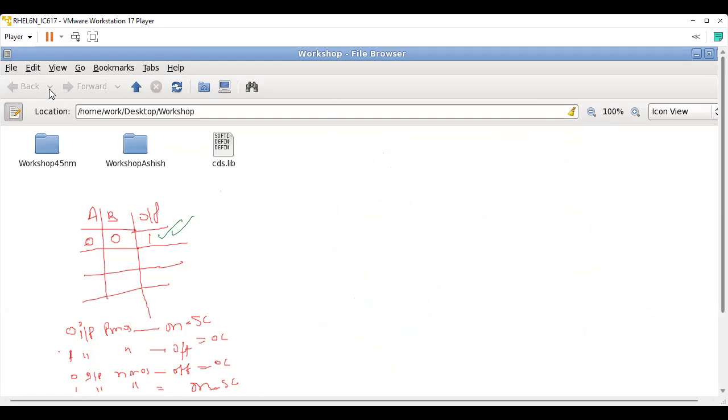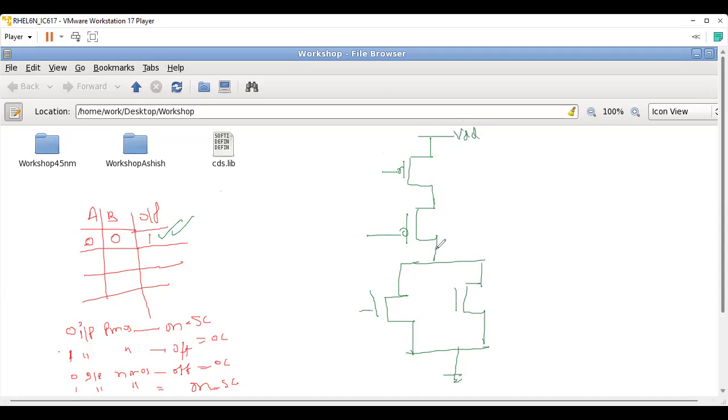If I have the same circuit with any other input, I have the VDD over here, the output here.